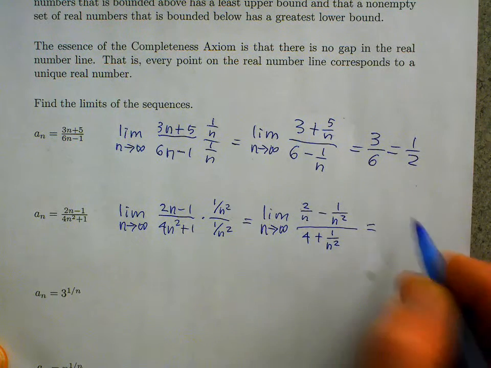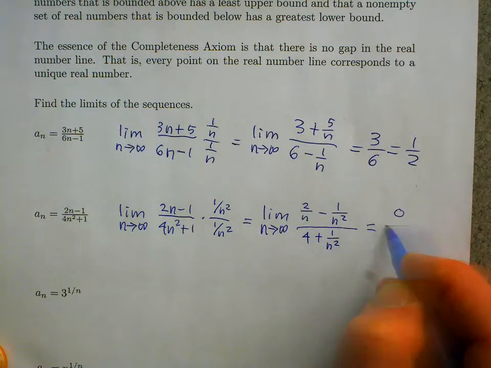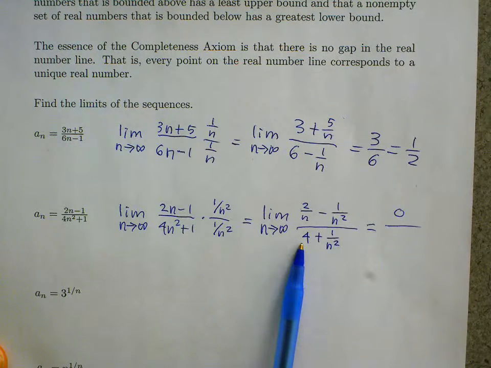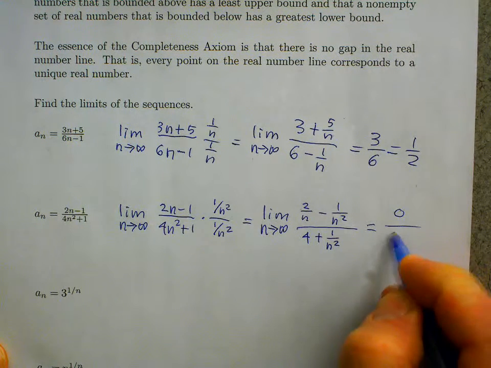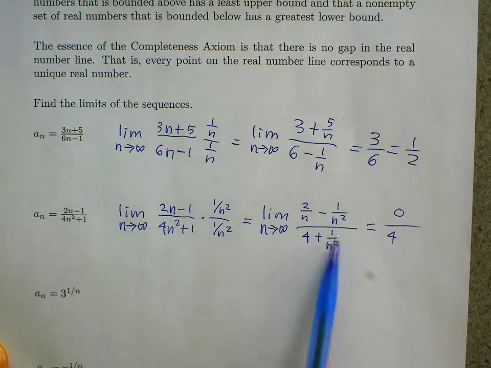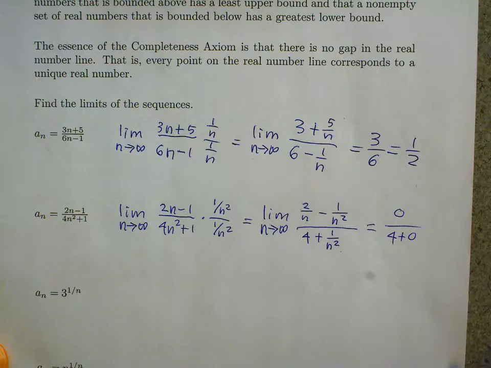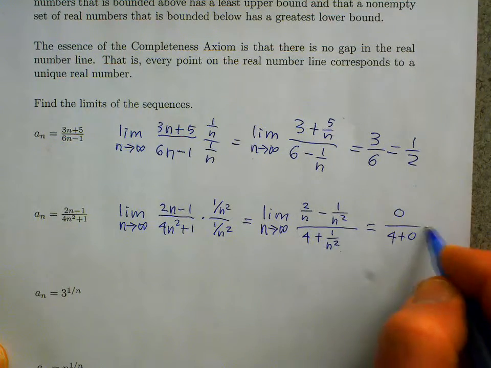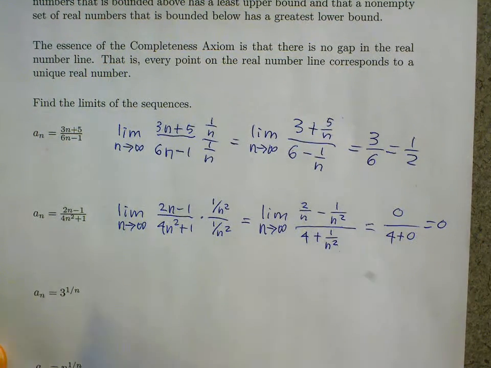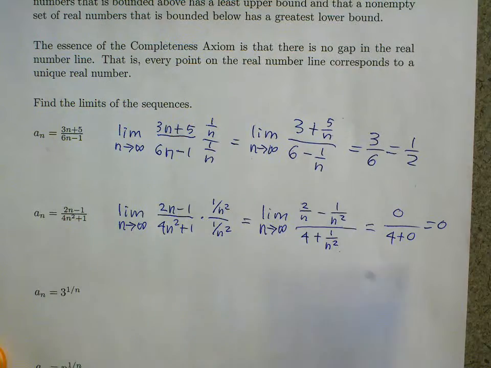So the numerator goes to 0. The number 4 is unaffected by what n does, so 4 just remains 4, and then plus 1 over n to the second. 1 over n to the second goes to 0, and 0 divided by 4 is 0. So the limit of this sequence is 0.